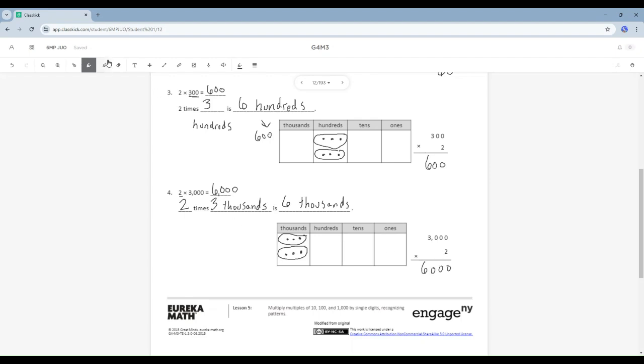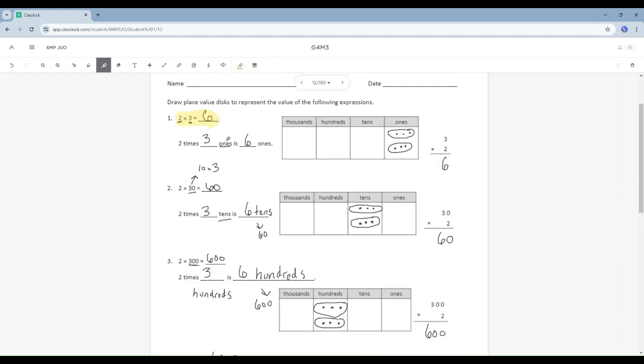So we really do have this leading digit that stays the same in all of these instances. 2 times 3 was 6. 2 times 30, we start with a 6 with a 0 for a 10 in my answer.